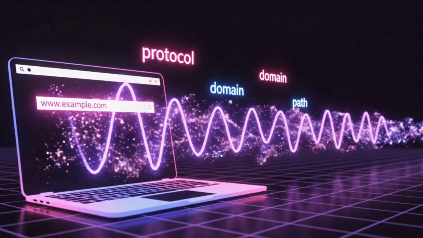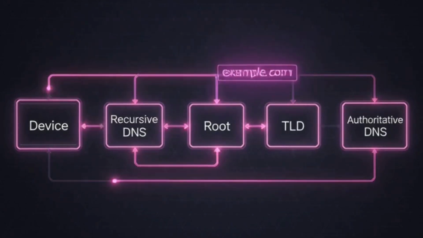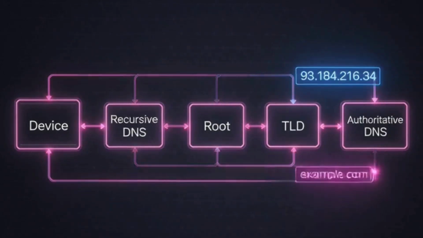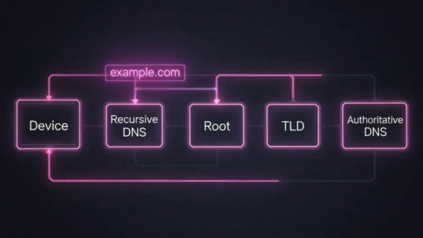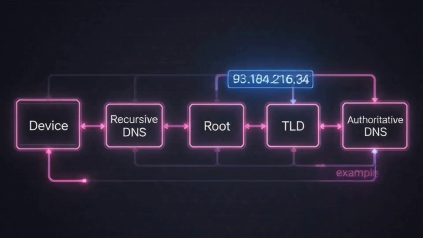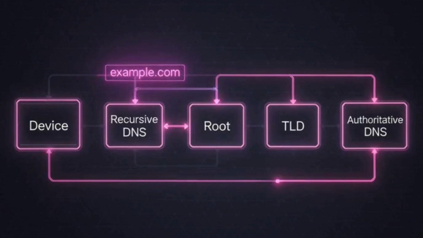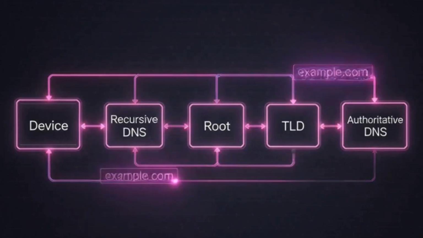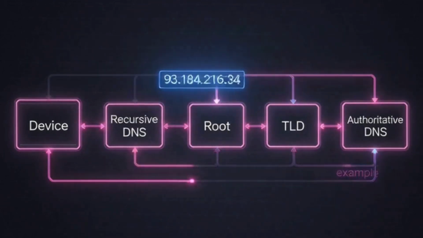to send the request. DNS, the Domain Name System, is basically the internet's phone book. Your device asks a recursive DNS resolver, what's the IP address of www.example.com? If the resolver doesn't have it cached, it queries a chain of servers.